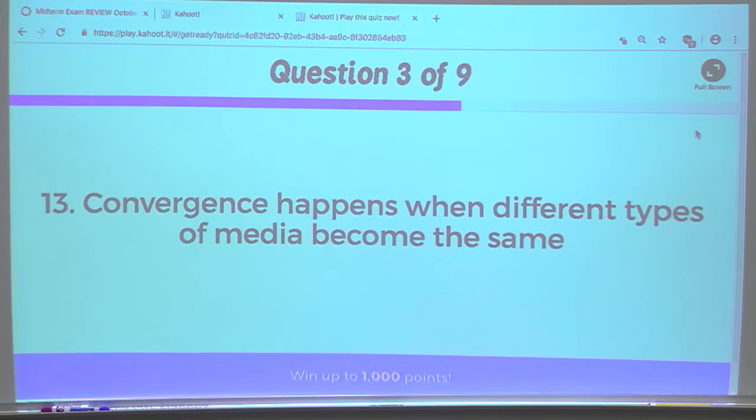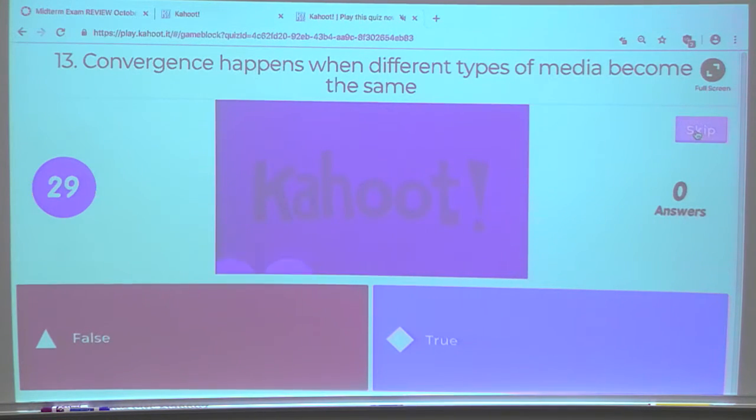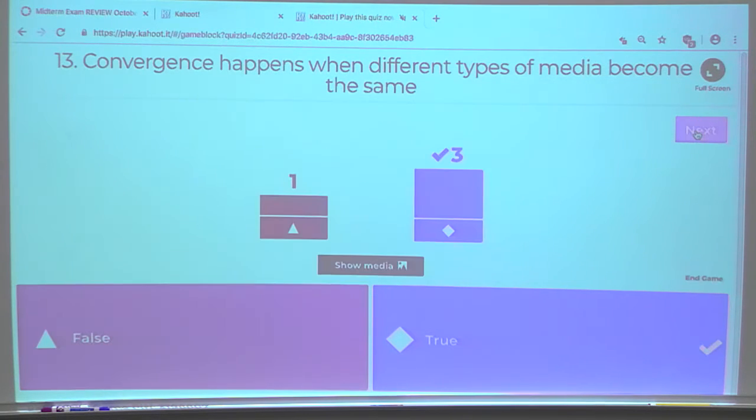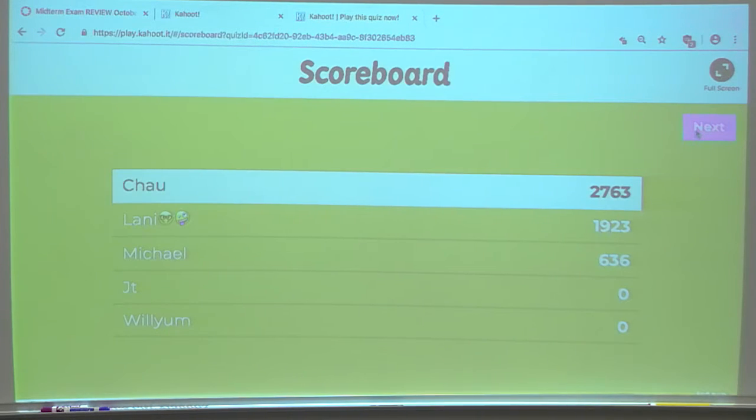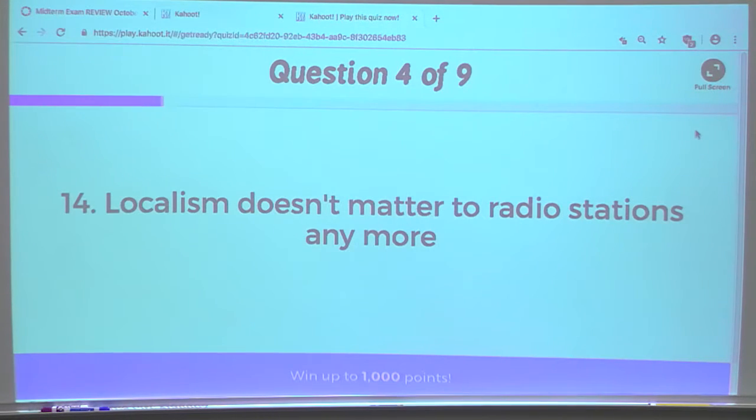Convergence happens when different types of media become the same. So that's meaning, for instance, when your cell phone can show video. And so that's true, correct? Convergence means that separate things converge together. They become the same. And so media became the same within new devices.